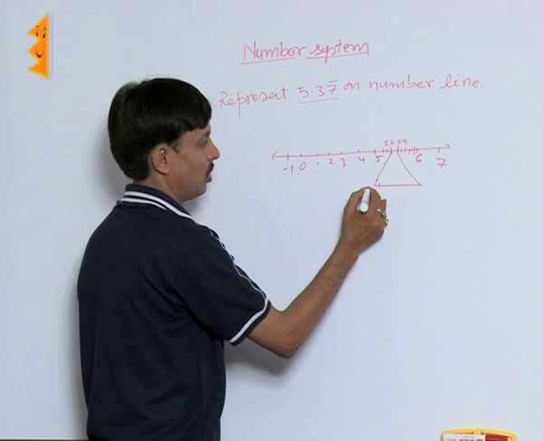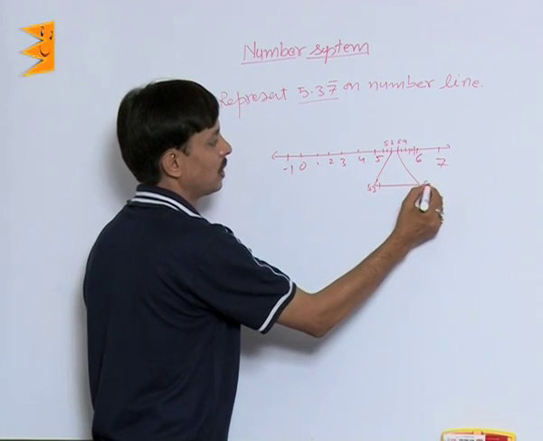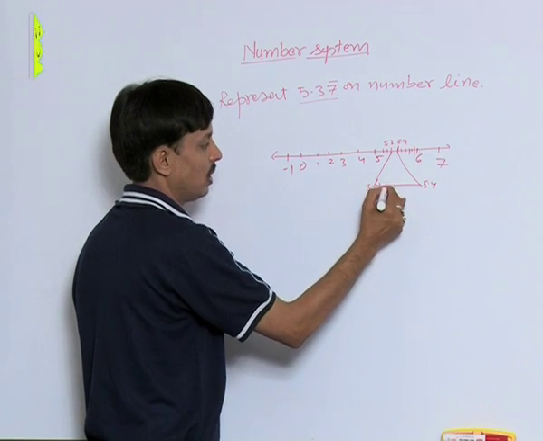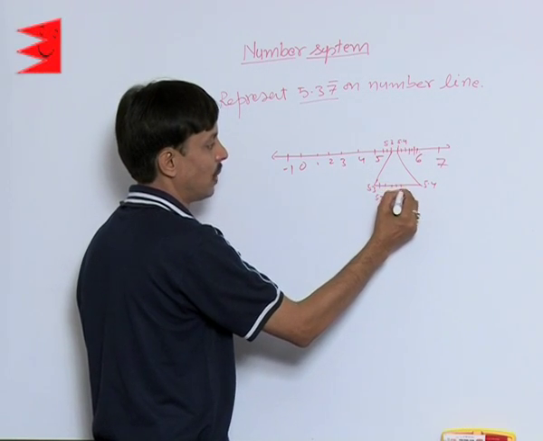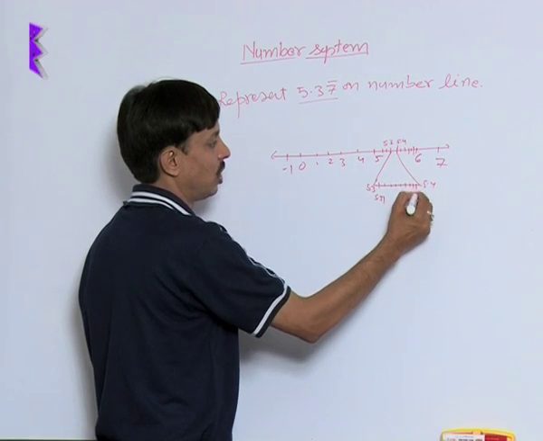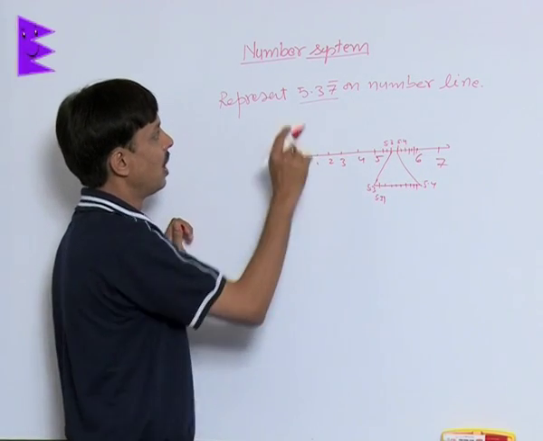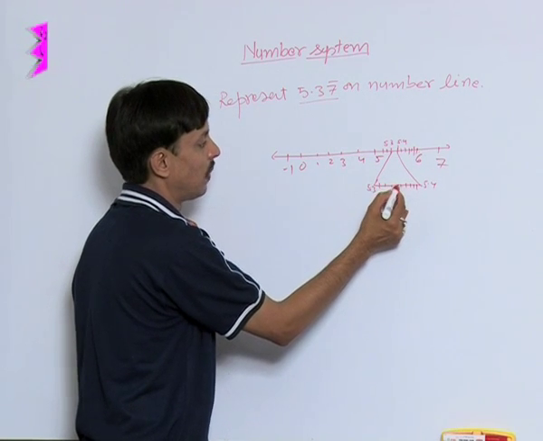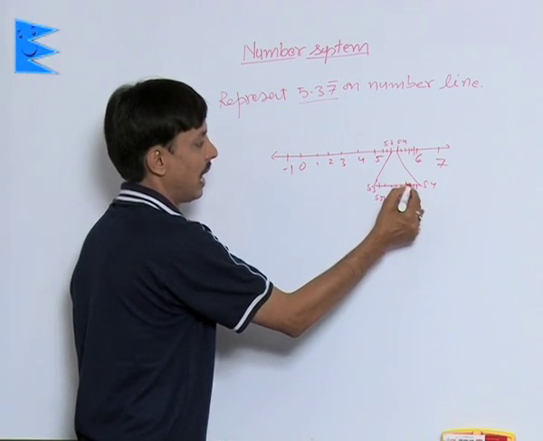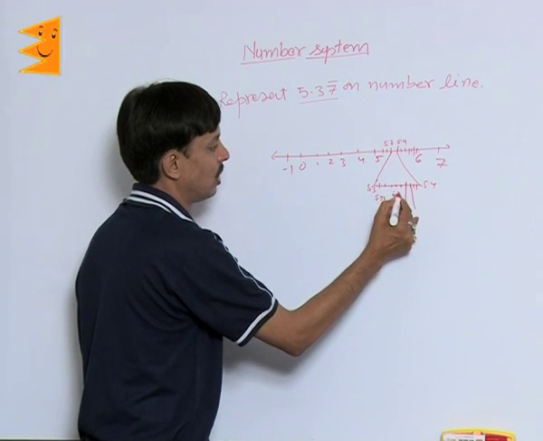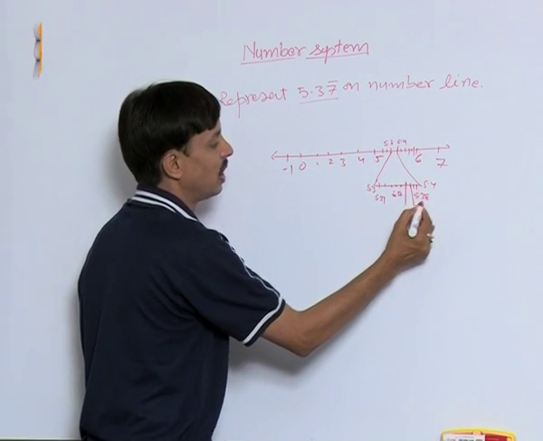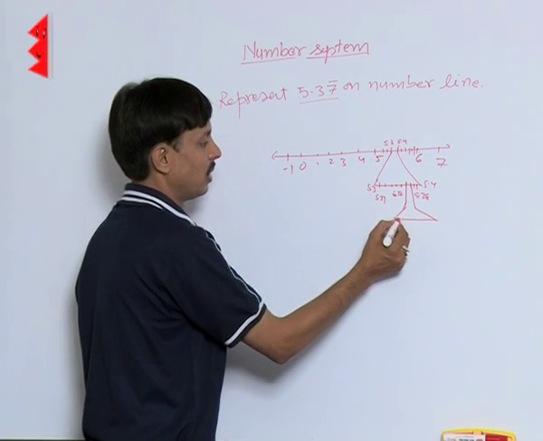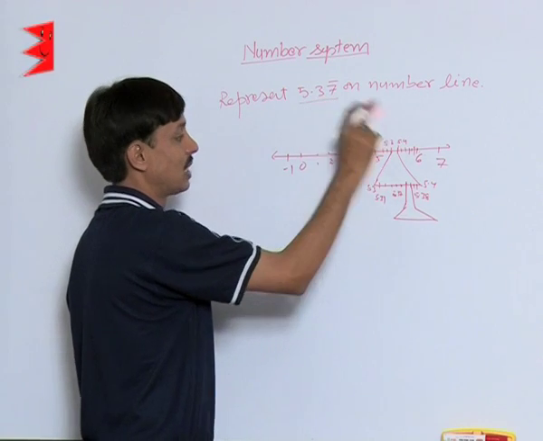If I am magnifying it, this is 5.31, 32, 33, 34, 35, 36, 37, 38, 39 and 5.4. This is 5.37 and this is 5.38. So in between these two, I can take here, this is 5.37 bar.